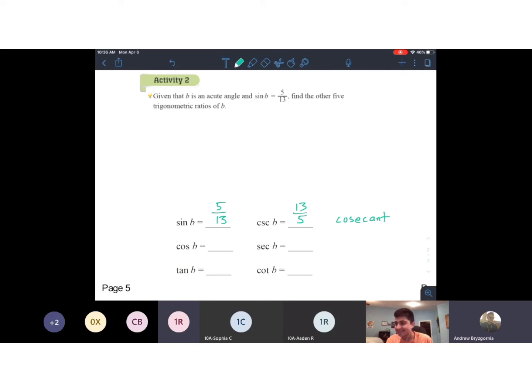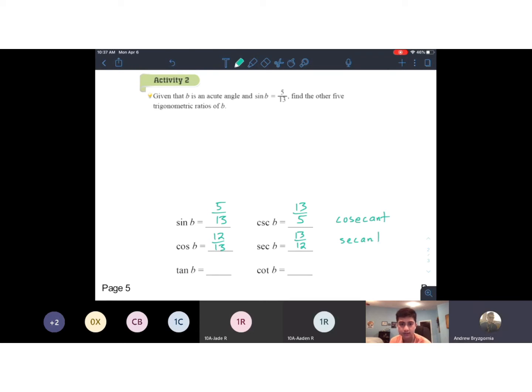Is cosine 13 over 12 or 12 over 13? There you go. 12 over 13. Yep. And then what else? 13 over 12. For which one? Secant. Yeah, 13 over 12.